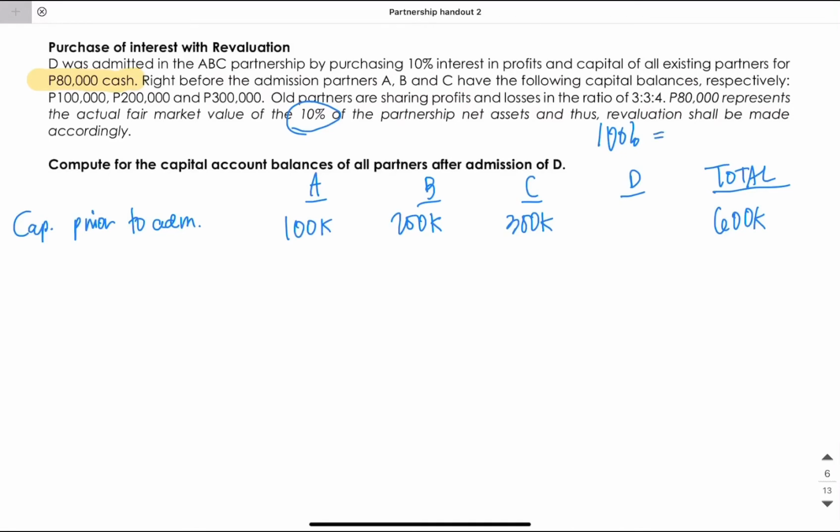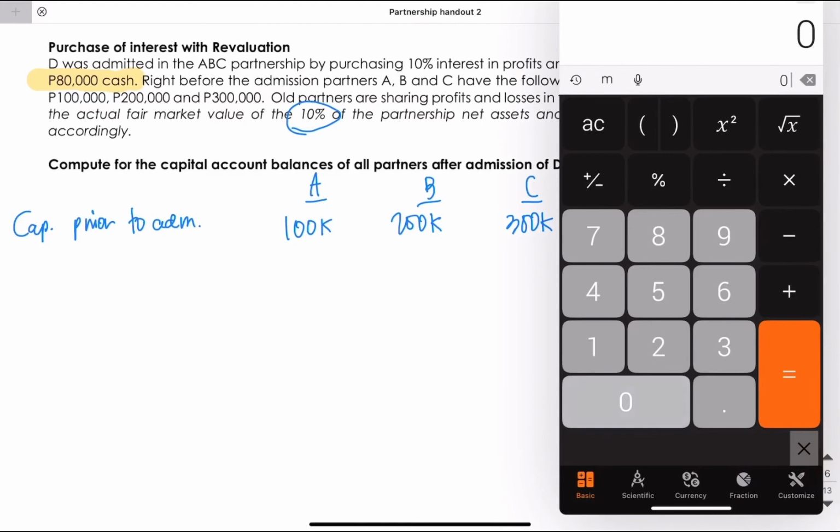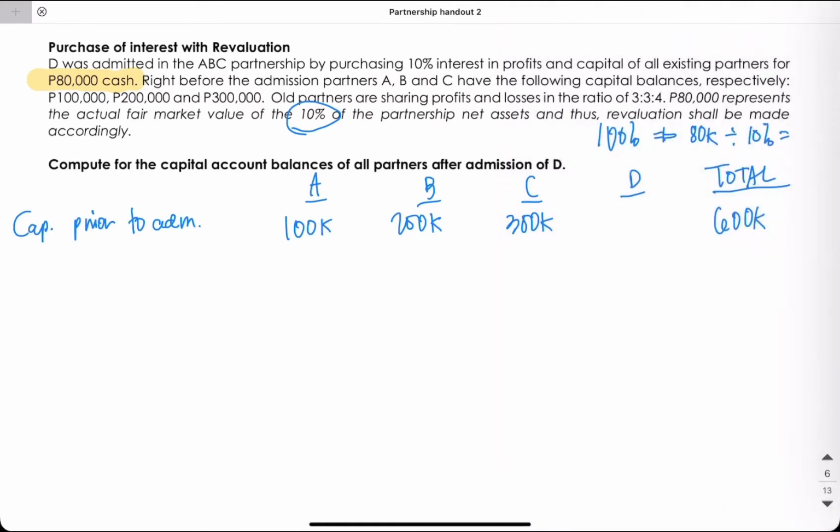So to get this 100%, we simply divide the 80,000 by the 10%. So that will give us 800,000 pesos.